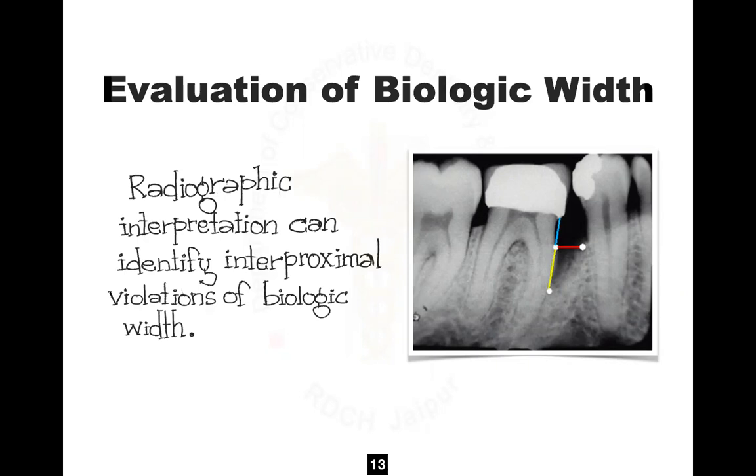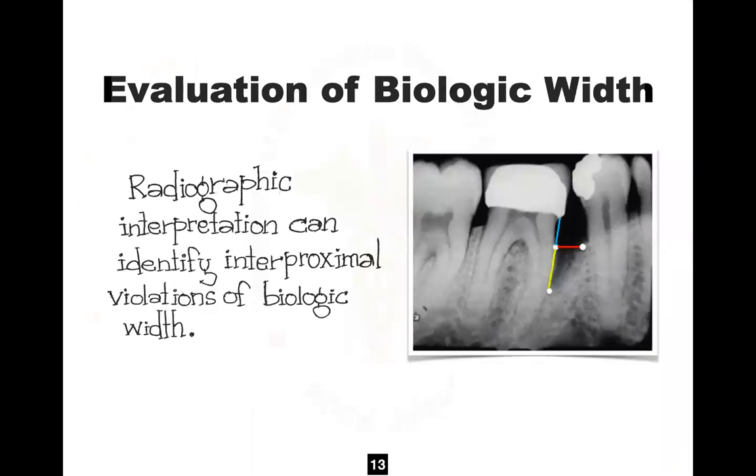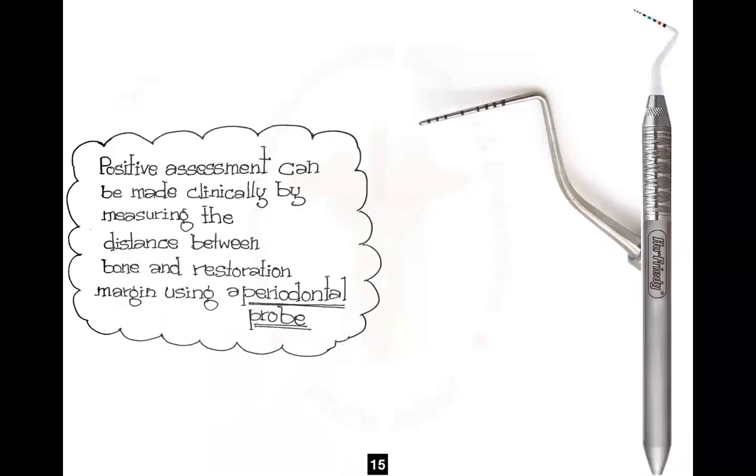As you can see, there is a crown placement which has been done on a molar, and the crown margin is going subgingivally, because of which the bone loss might have happened. But how do you know that for sure? Radiographs are not diagnostic because of tooth superimposition. So you can't be 100% sure that this bone loss has occurred only because of the violation of biologic width.